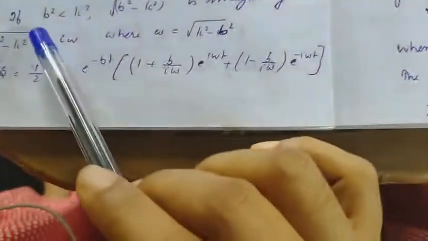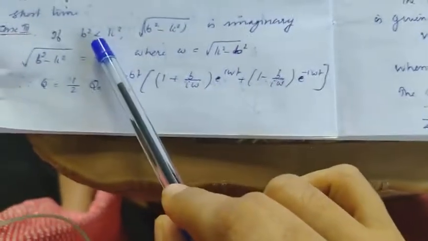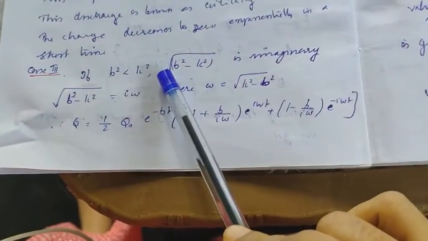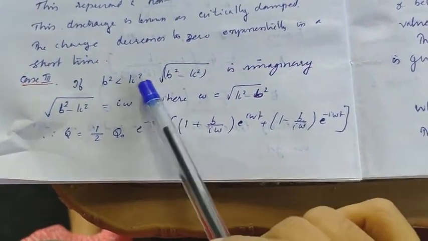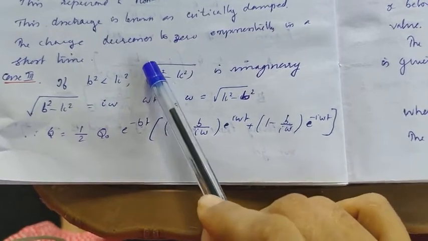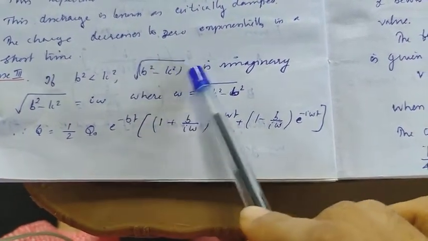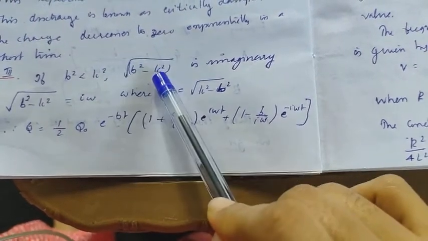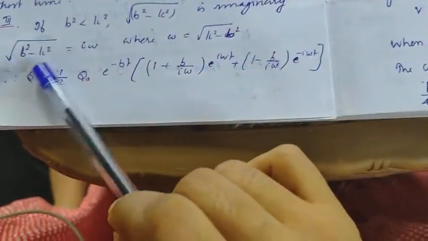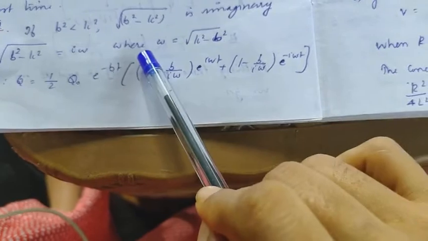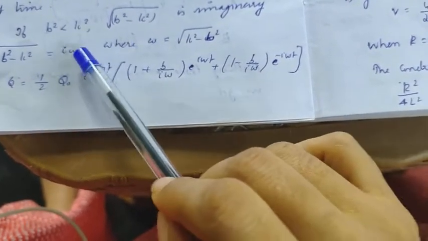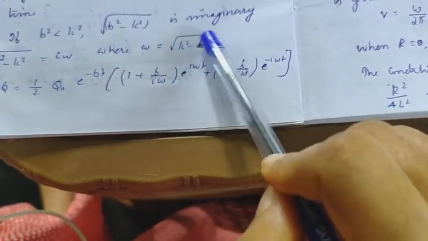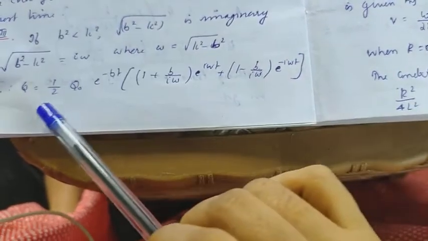Now we are considering the third case. If b square is less than k square, then b square minus k square becomes negative, so the square root will be i omega, imaginary, where we put omega is equal to square root of k square minus b square.